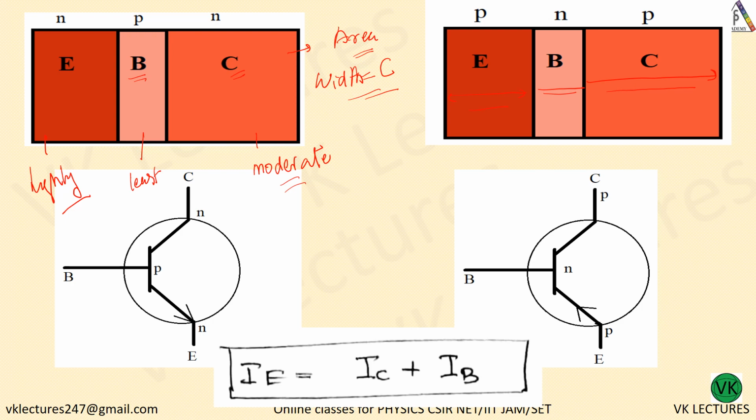Now this is the NPN transistor circuit symbol, N, P and N, and this arrow mark indicates direction of current.